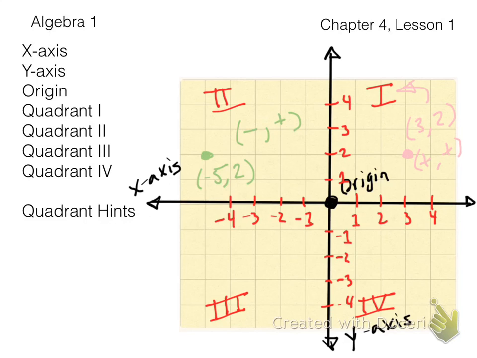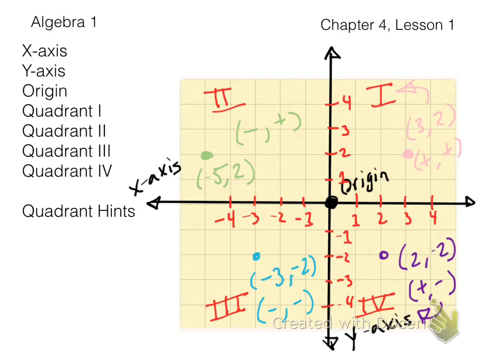A point here, which I might as well use another color, blue, is (-3, -2), and when it's in quadrant 3, it's going to have two negatives. And then for here, which I'll do in purple, if I've got the point (2, -2), that's always going to be a positive and a negative in quadrant 4.